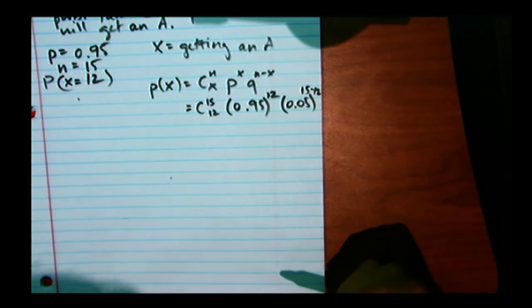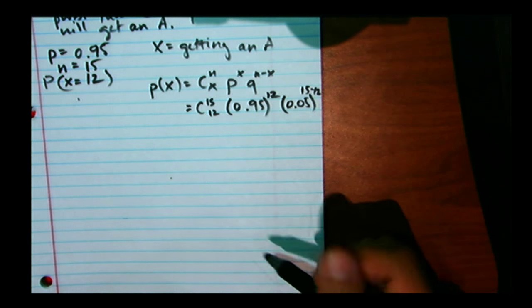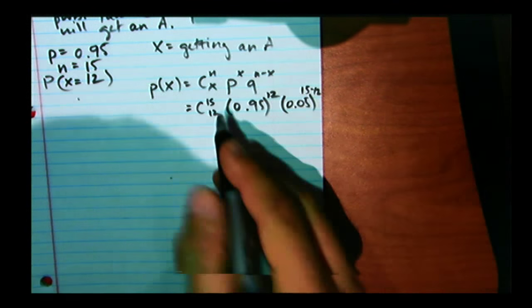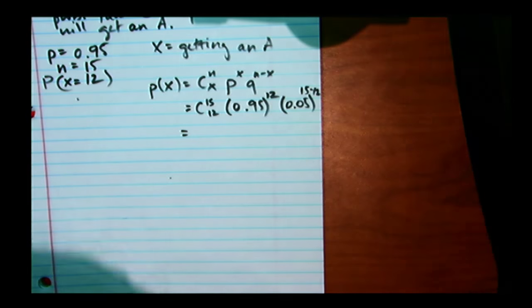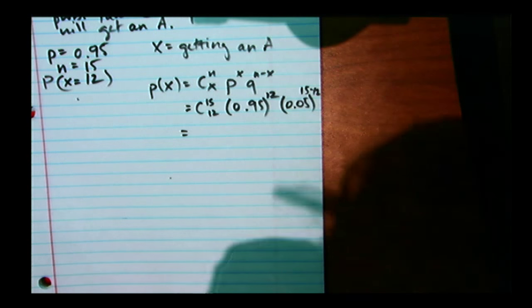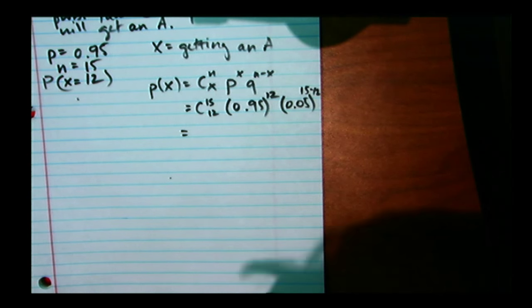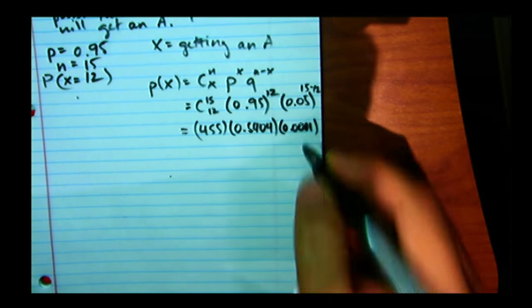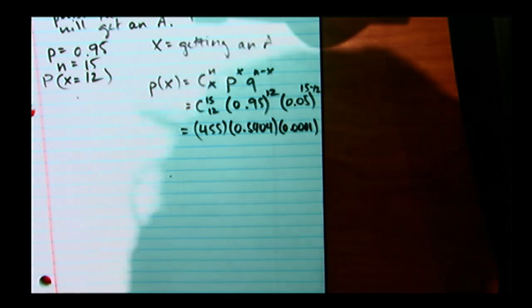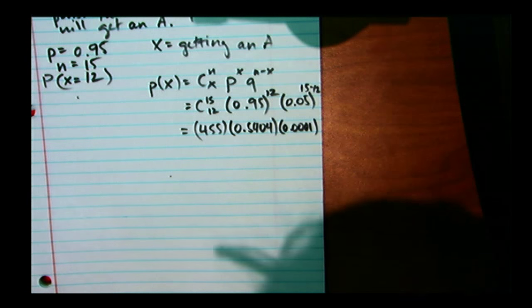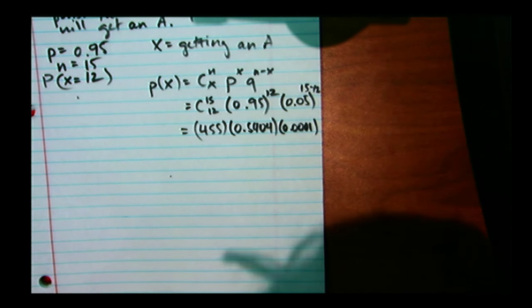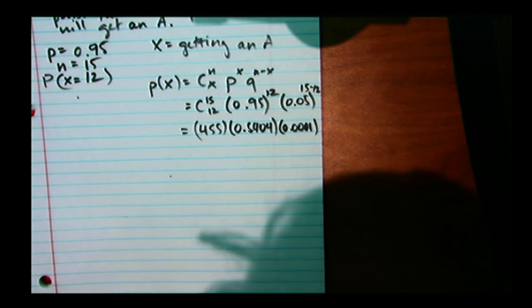So when you work out the combinations in this particular case of 12 and 15, you should get 455. 0.95 raised to the 12th power. So let's multiply all that out. 0.001 5404 times 455. And for the probability here, we get 0.0245 or 46.